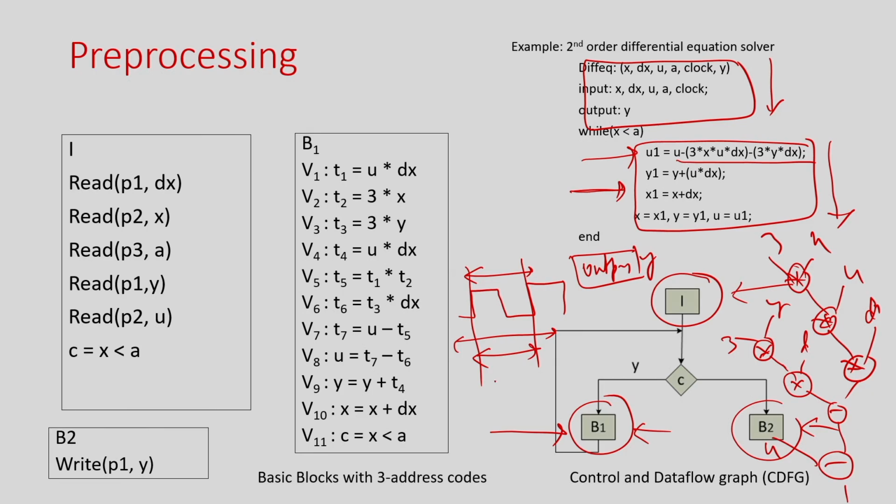For example, if this is 100 nanoseconds, it will be 10 megahertz. If this takes 1000 nanoseconds, then it will be 1 megahertz, and if it takes 10,000 nanoseconds, then it will become 0.1 megahertz, and so on.